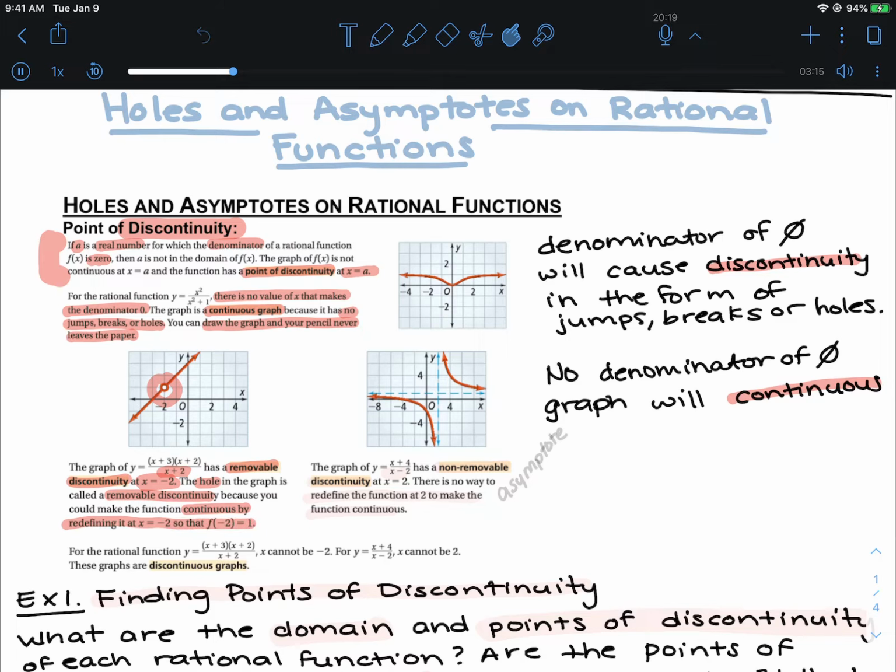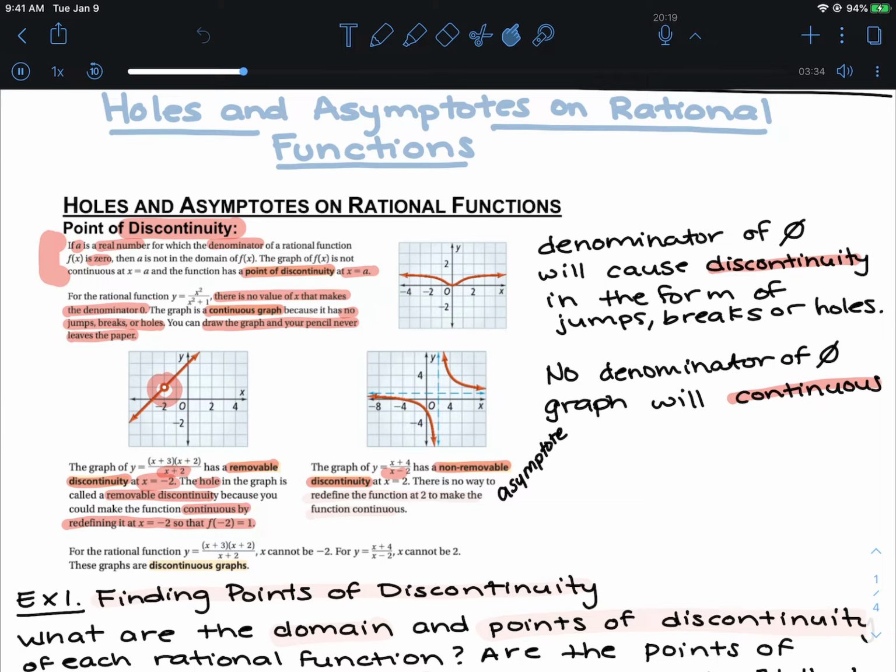Now, on the other side over here with this x minus 2, this is a non-removable discontinuity. The way that I think of non-removable discontinuities is as asymptotes, right? Because you cannot get rid of an asymptote at all. The asymptote is just an invisible line that is always going to be there.